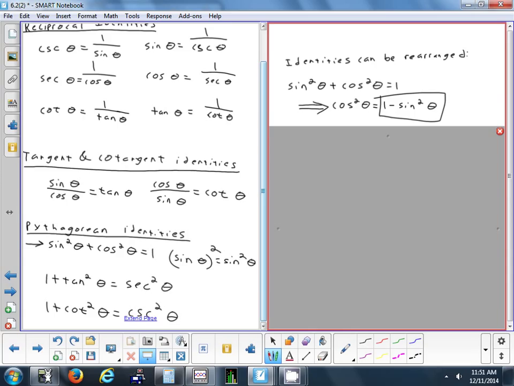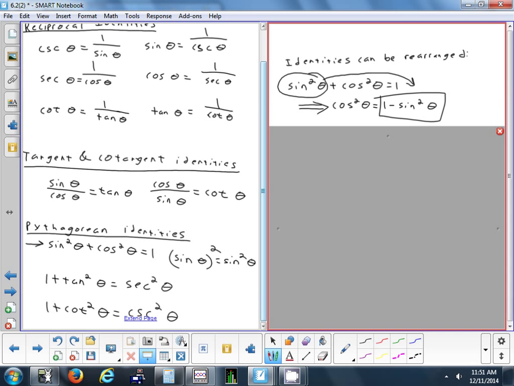I could take sine squared, subtract it, and put it on the other side. All I'm trying to show you here is sometimes trig identities are moved around and rewritten a little bit. This is not a new identity. It's just rewriting the one we already had, putting something else on the other side.